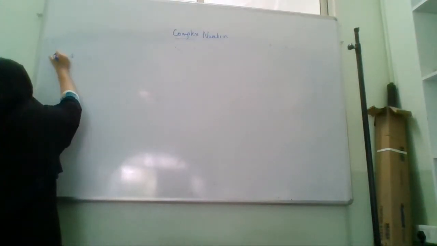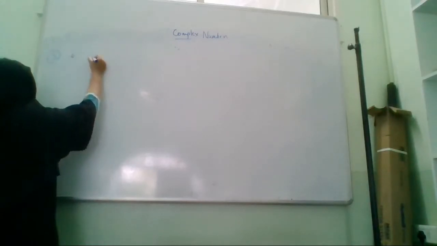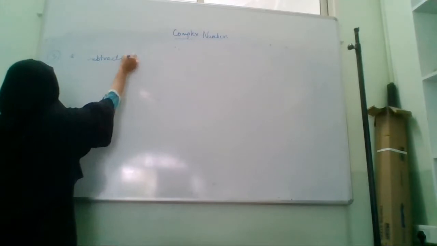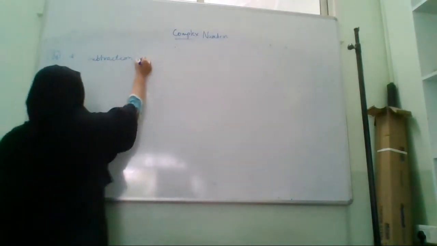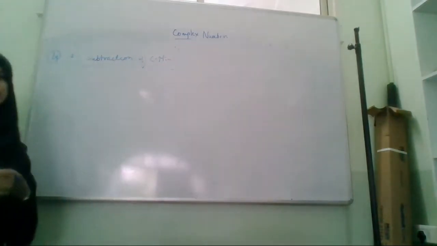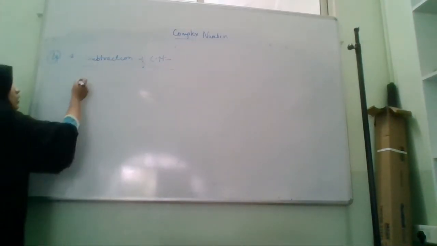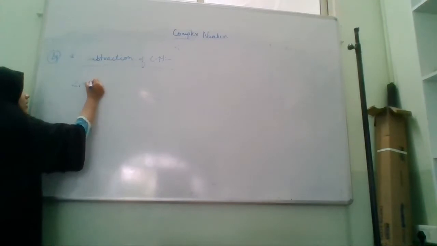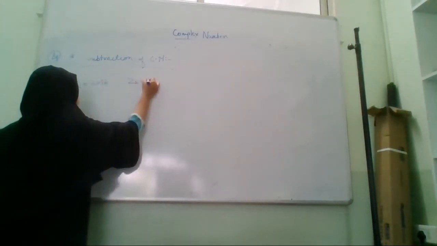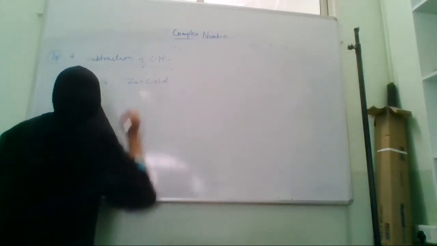So the next algebra is subtraction of complex numbers. For subtraction, suppose you have z1 as a plus ib and z2 as c plus id.